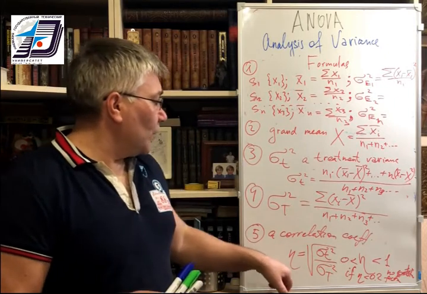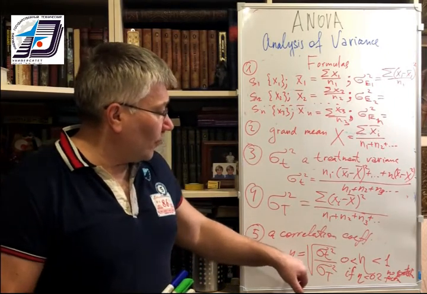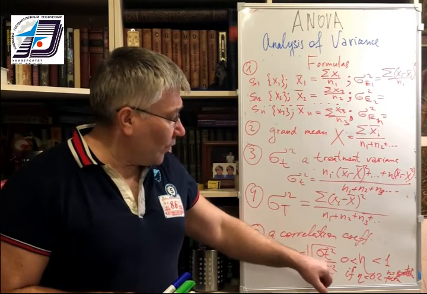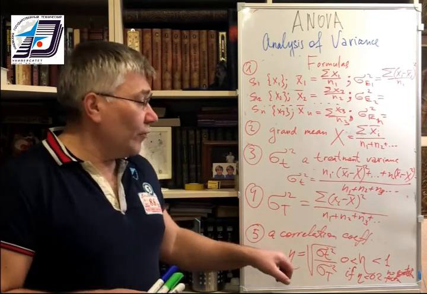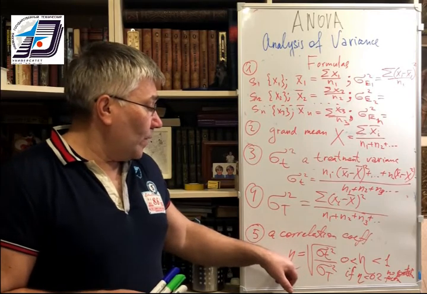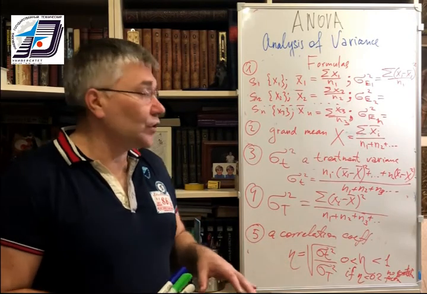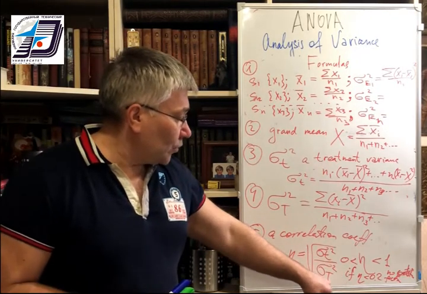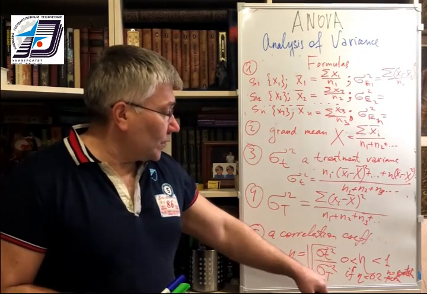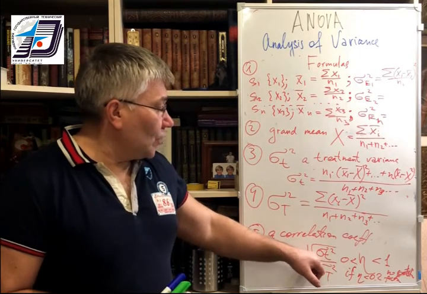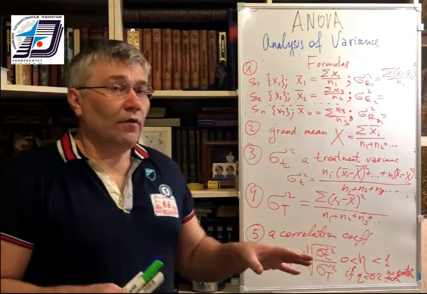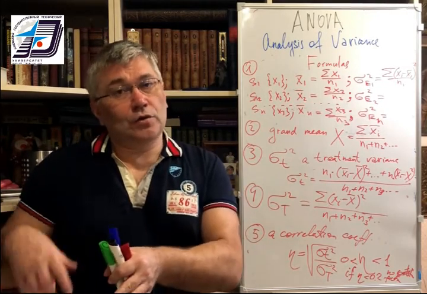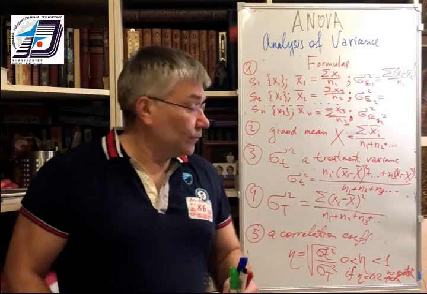And the last step, you have to calculate the correlation coefficient between the treatment variance and the total variance. This coefficient shows you the contribution of all factors to the total variance, and the contributions of the factors which work only within each group, because of teaching, because of something else.